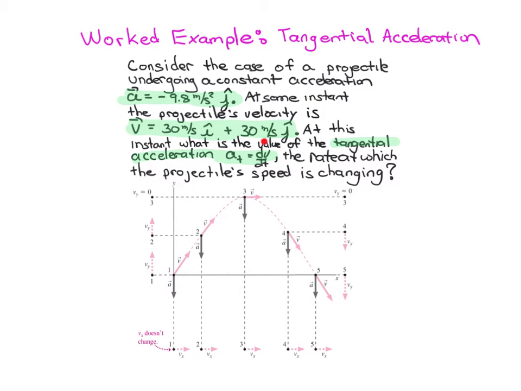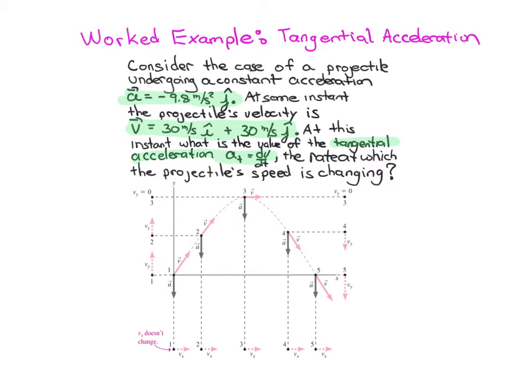And in our particular problem, we're considering an instant in which the object ends up having x and y components of equal magnitude. So apparently on this graph, if you look at the way these vectors are drawn, the y component of this vector looks like it's still a little bit bigger than the x component.